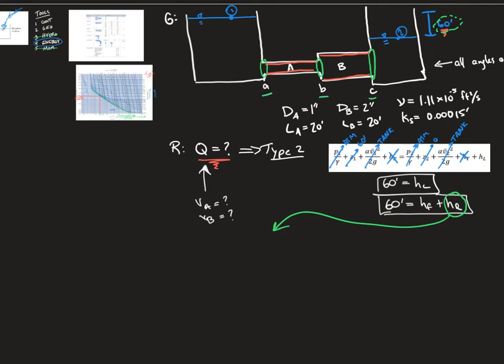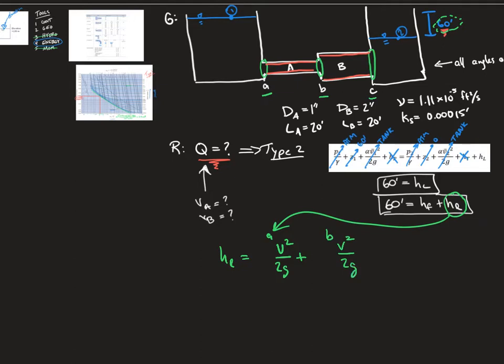Two of them are expansions and one of them is an entrance. So it's going to be HL equals, at A, some K times V squared over 2G, and then at B, something times V squared over 2G.